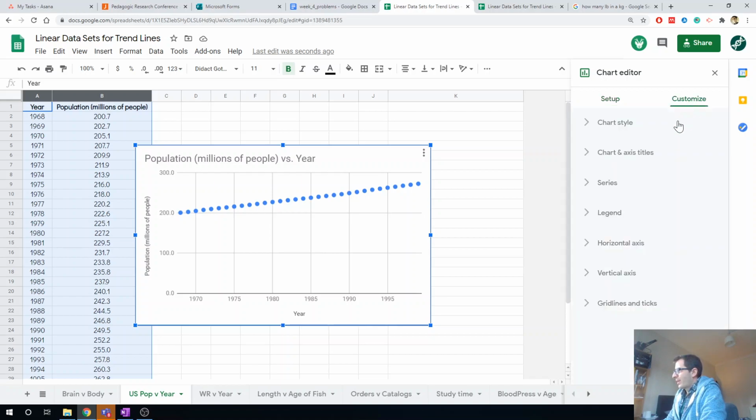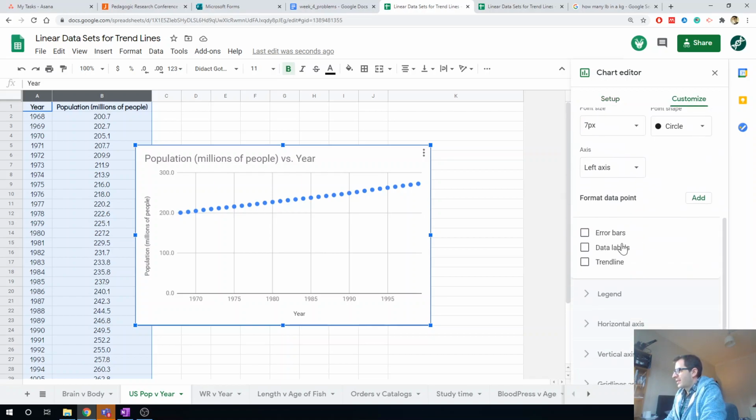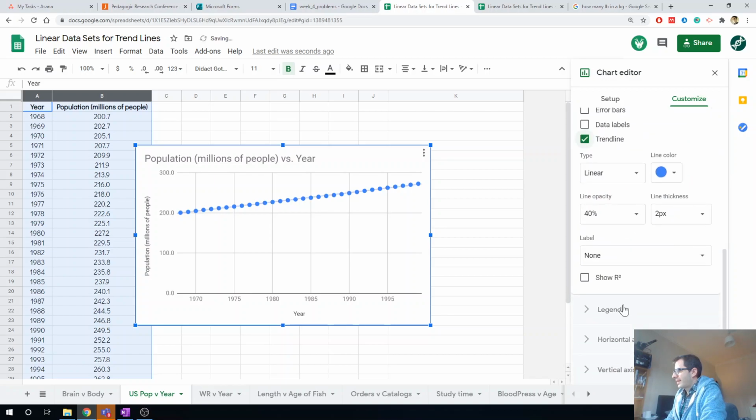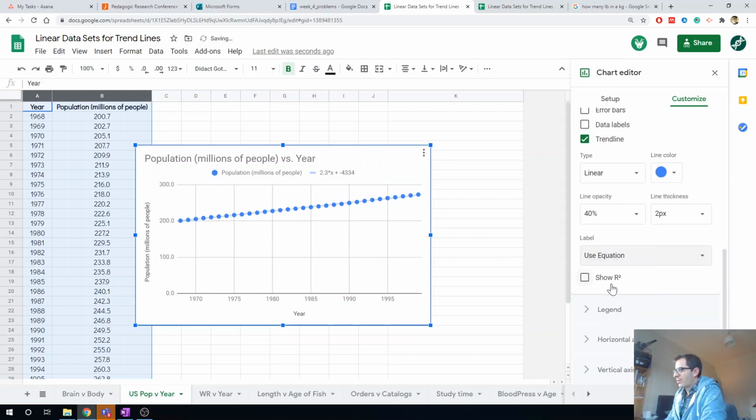So let's go to customize, series, and trend line, and then use equation, and there you go. You get an equation out of that. Now I'm asking what was the population estimated in 1870?